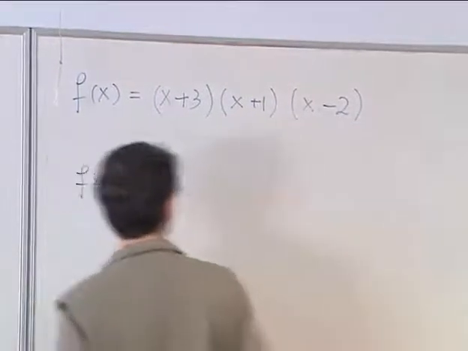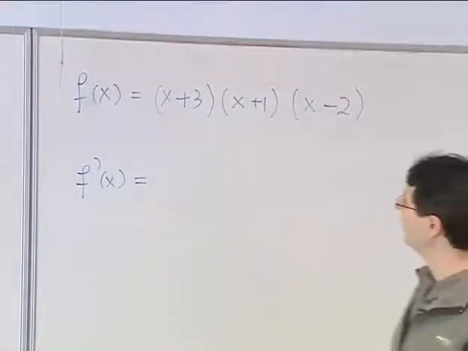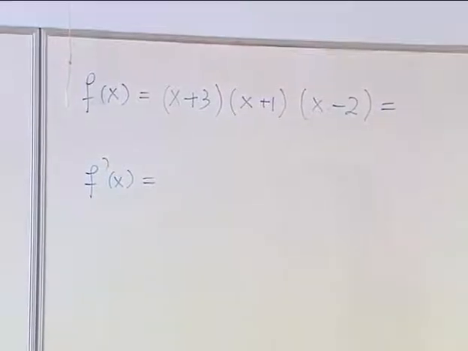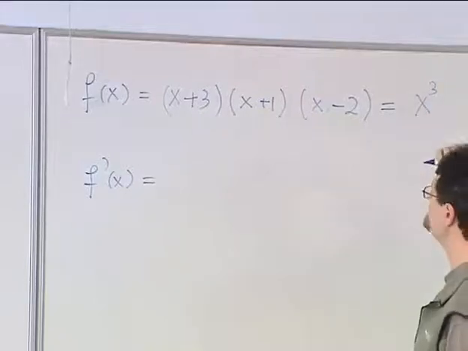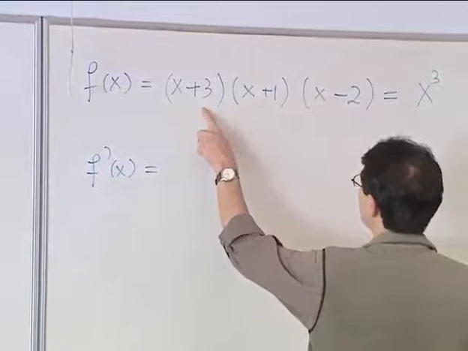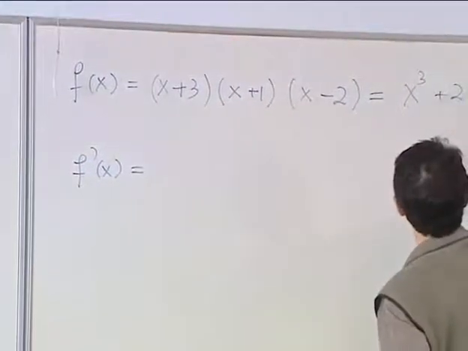What's a derivative? Well, you can multiply this through. So let's multiply it through. So this is x cubed. Now it is 3 plus 1, 4 minus 2, 2 plus 2x squared.